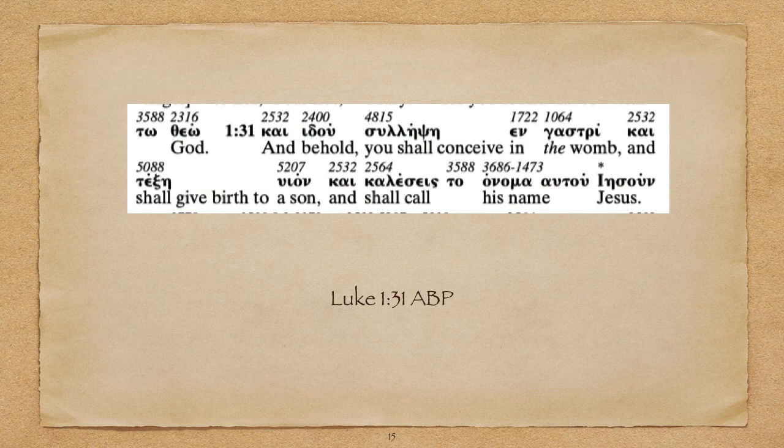Before the birth of Christ, we see in Luke 1:31 that Mary was directed by an angel to call her son Jesus. It says, "And behold, you shall conceive in the womb, and shall give birth to a son, and shall call his name Jesus," in the Greek.